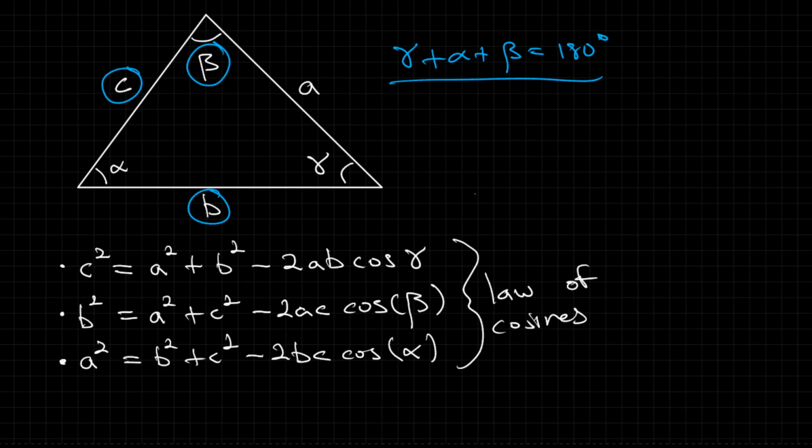If you go to the second law of cosines here, you'll see you know B, you know C, you don't know A, and you know beta. And you can technically use this second law of cosines, but it's much more common to use a different law to solve those types of problems.